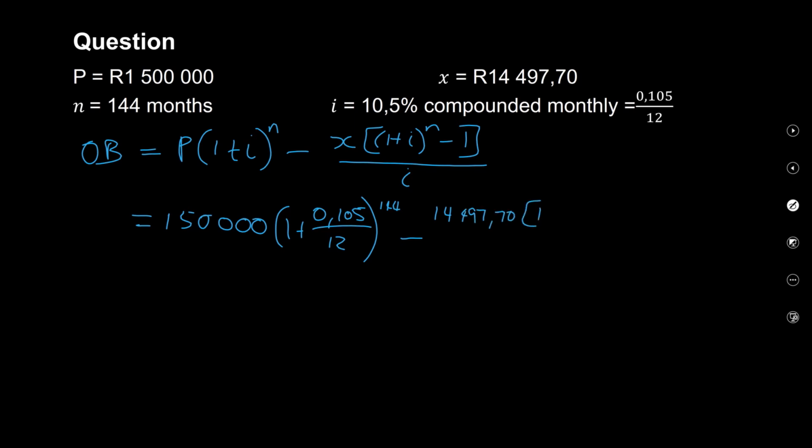They were paying this for 144 months at an interest of 10.5% still compounded monthly, right? 144 there, minus 1, divided by 0.105 over 12.